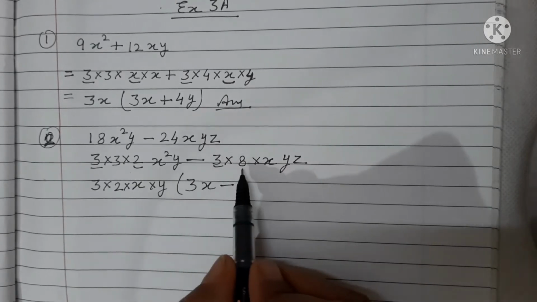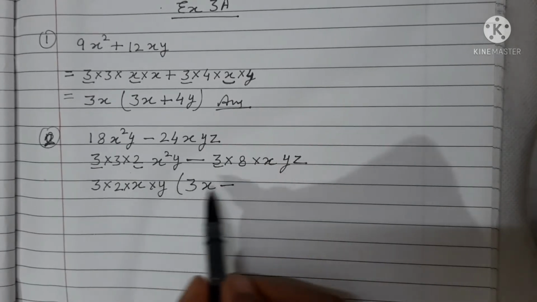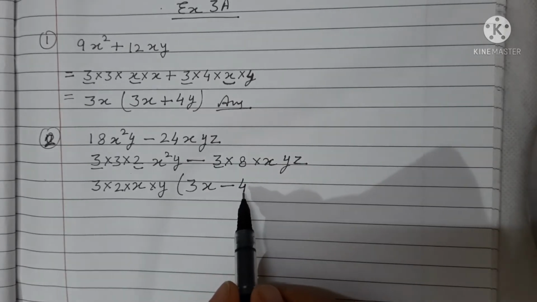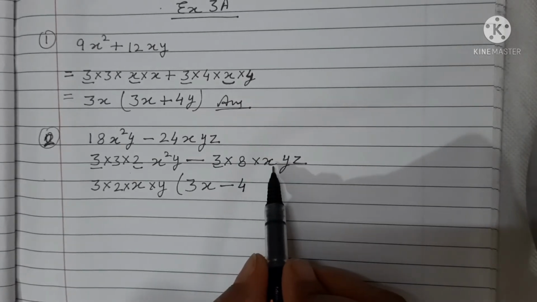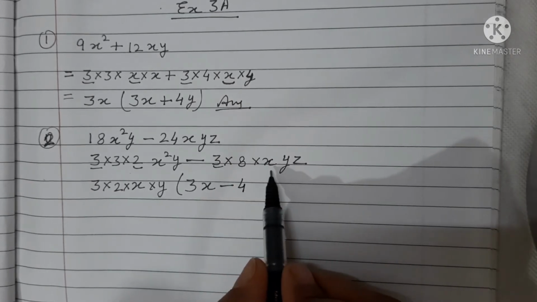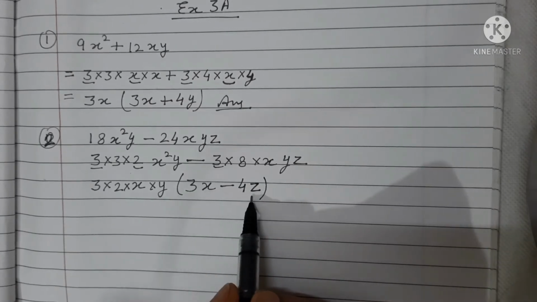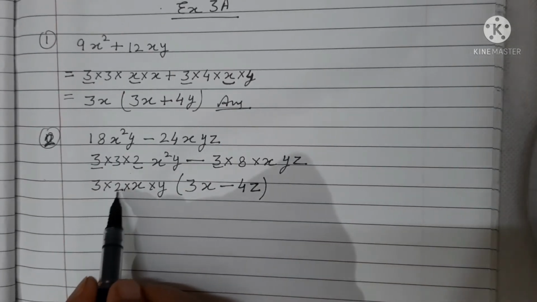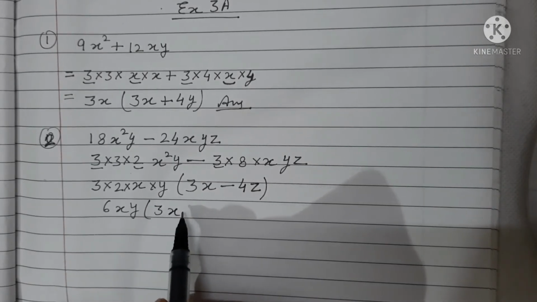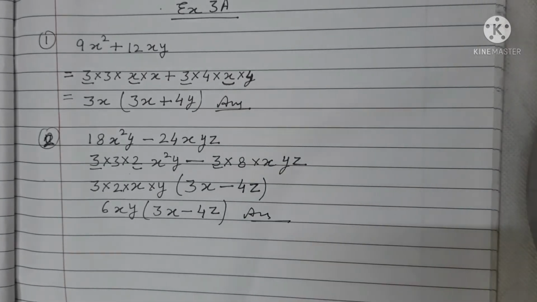Minus, you break it into 4 into 2, so 2 is common and 4 is the remaining factor. Now x is also taken out, y is also taken out, only z is inside the bracket. You can write 3 2s are 6xy into 3x minus 4z. Answer.